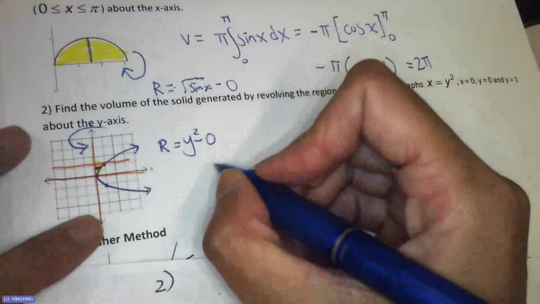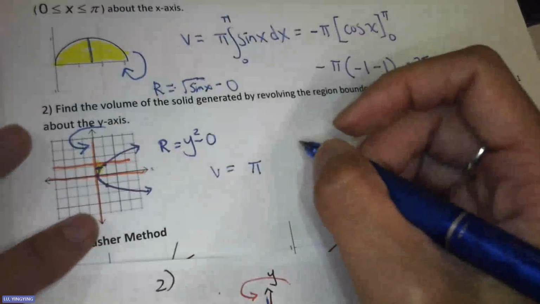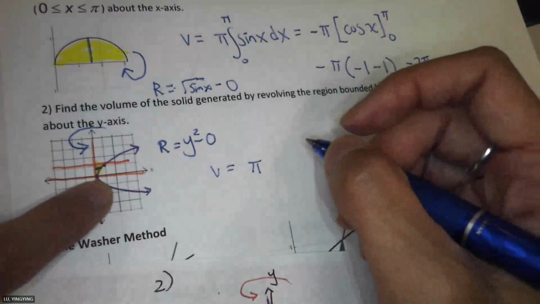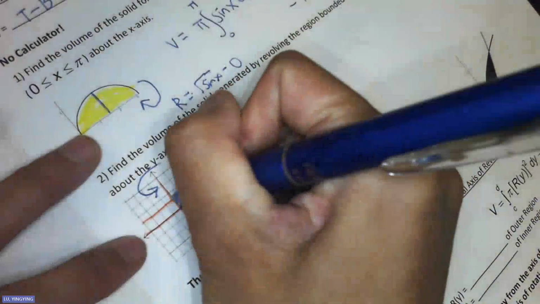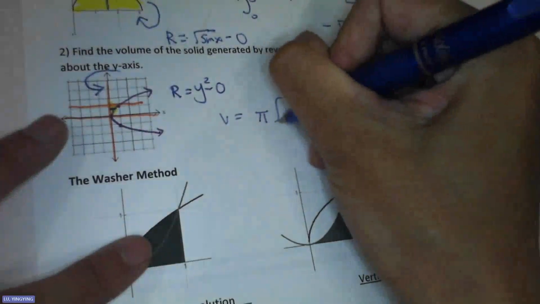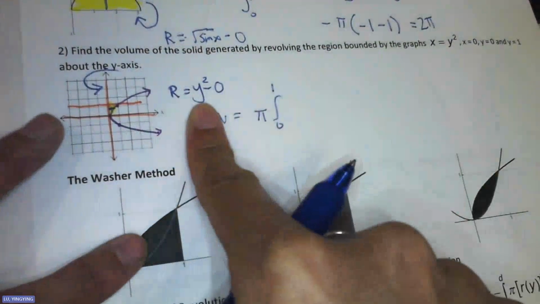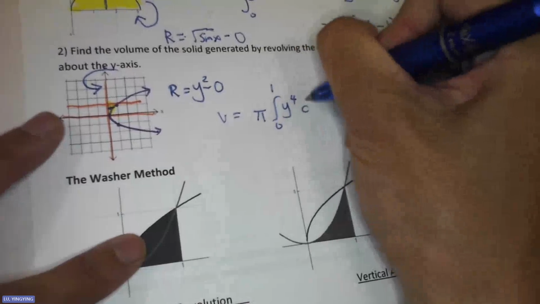Now, what are the bounds for this? Again, don't forget pi. We need the y bounds. What are those? 0 to 1. Yeah, it is 1, right? 0 to 1. Y squared, I mean r squared. So your r is y squared, which means we're going to have y to the 4th power dy.